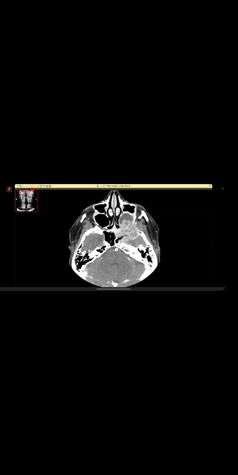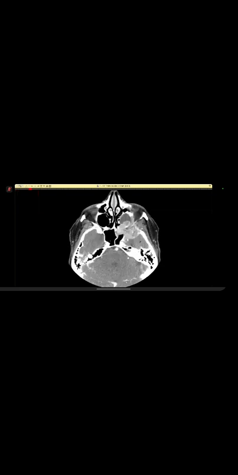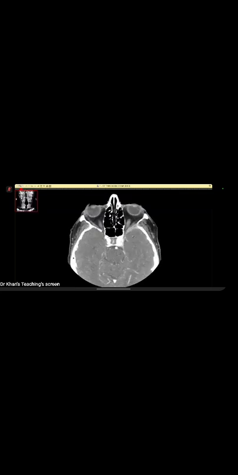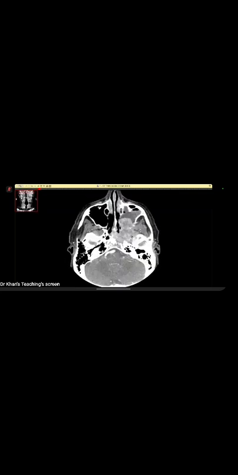I would have been very impressed if that was mentioned. It is fluid here, and this is the enhancing lesion, and this is the masticatory space, and here it goes into the cranial cavity. So this is the temporal lobe sitting here. Even without a bone window, one can see that it has gone inside. And of course, the pterygopalatine fossa is completely involved.